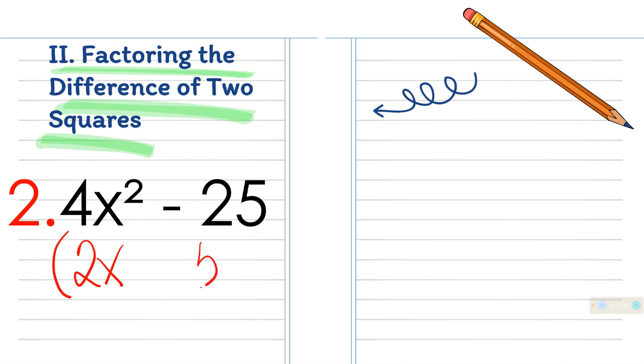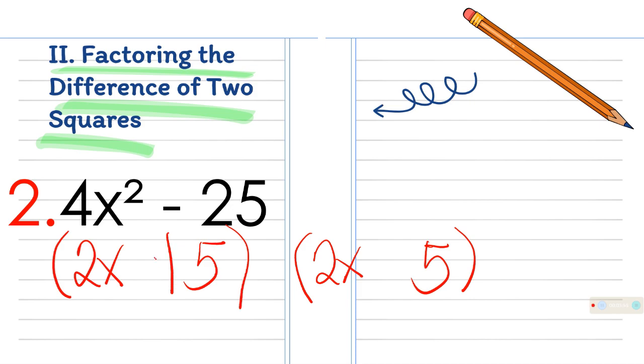So we have 5. And then we also have another 2x and another 5. And then we express again the factors as the product of the sum and difference of two terms. Okay? So it's very easy. Is there any question?